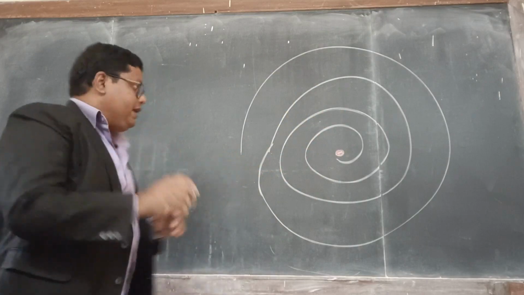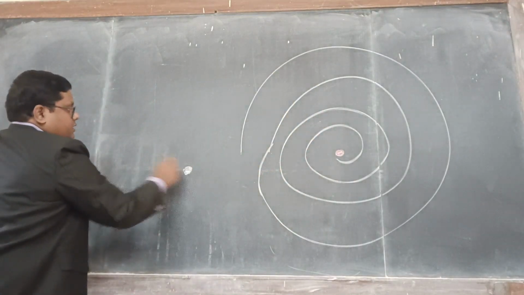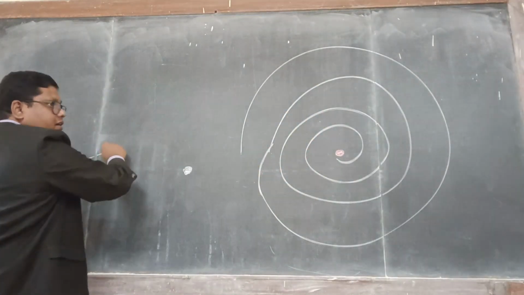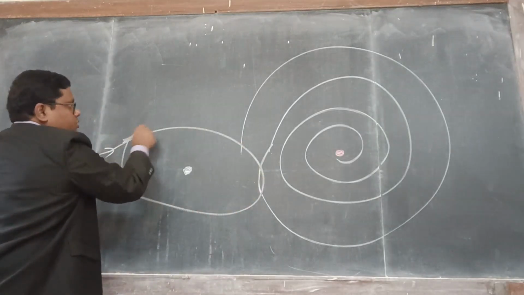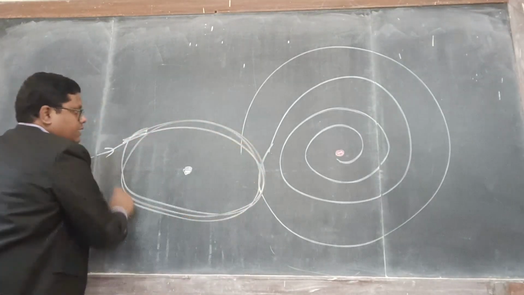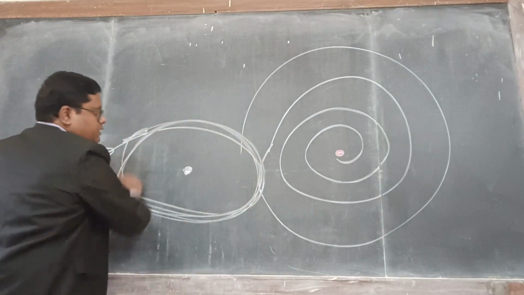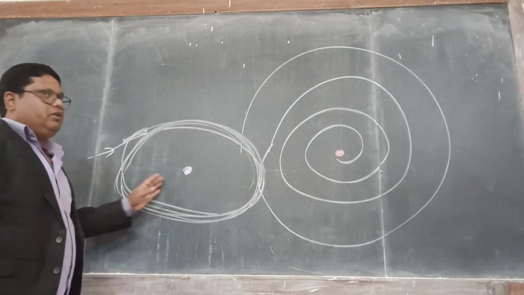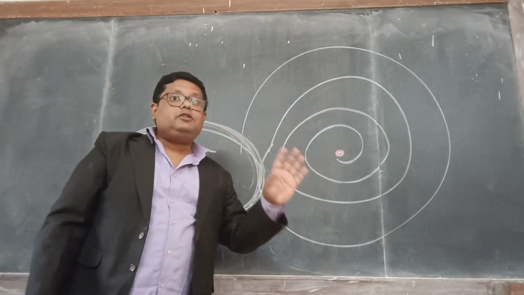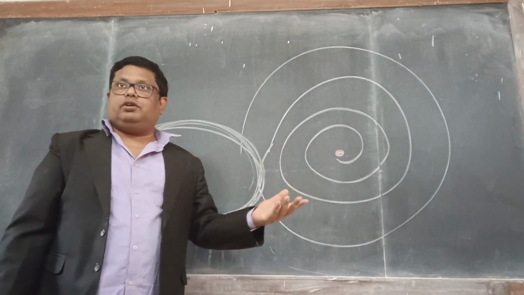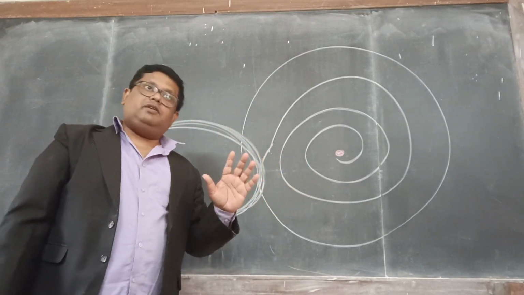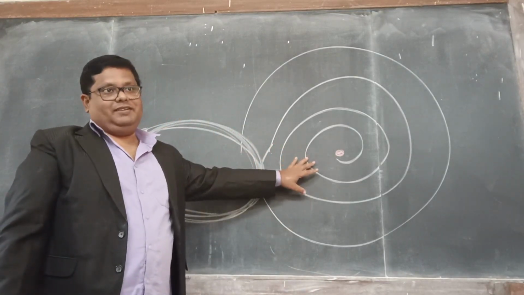What I have told you right now is that there was a star, the gas molecules entered the field, and then there was collision among them, and now they have settled in a particular circular orbit. Whether they will spiral or not, we have to look into. This is very important. We all like jalebi.